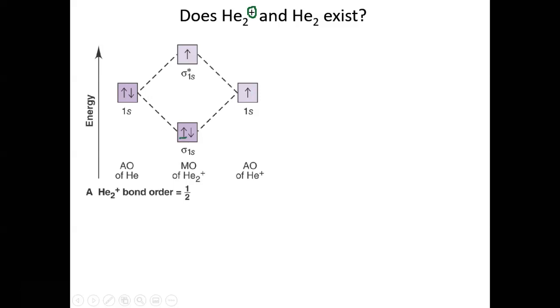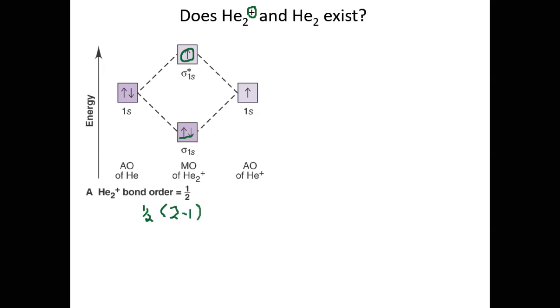We fill this completely, that's 2, but we have to put 1 more, and it goes in the antibonding orbital. Whenever you put electrons in antibonding orbitals, they become very unstable. So the bond order is 1/2 times 2 minus 1, which is 1/2. So it's almost like a single bond.